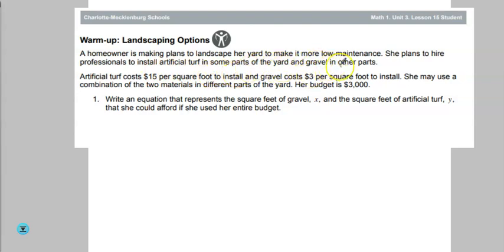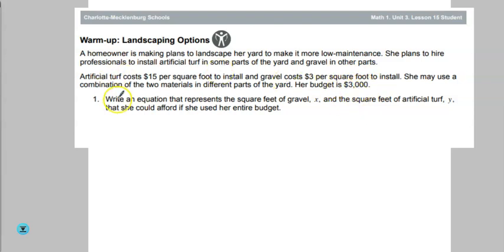Gravel is $3 per square foot to install. It's a lot cheaper to get the gravel than to get the turf. She may use a combination of the two materials in different parts of the yard. So some of her yard might be turf, some might be gravel. Her budget is $3,000. So this is how much she can spend.